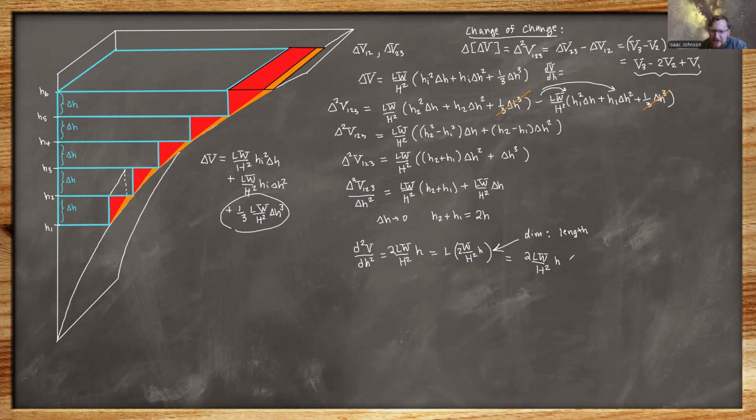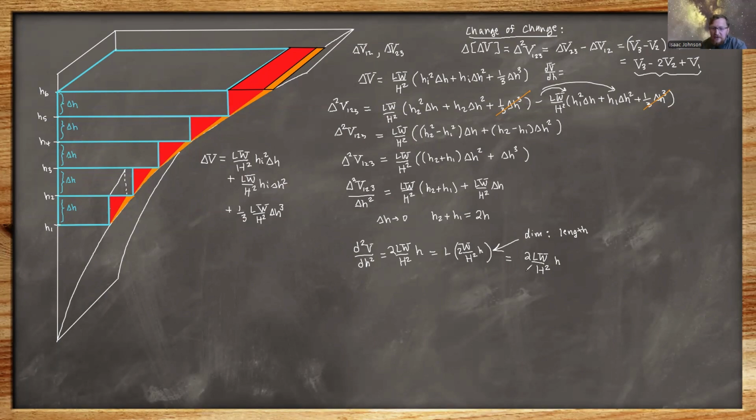This one has a single h there. So which of our terms has a single h, where height initial grows linearly? The rectangle, the triangle, or the quadratic? Triangle. It's the triangle, right? That has the h term.